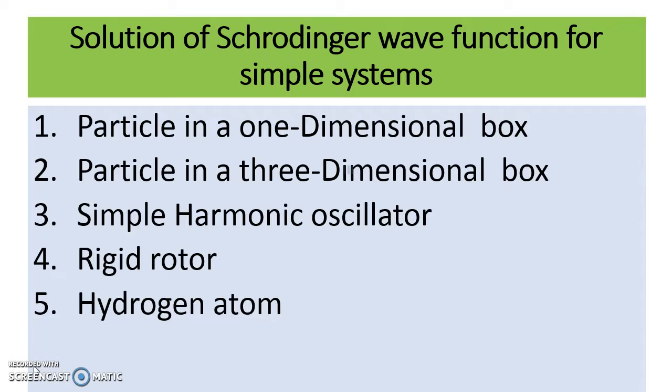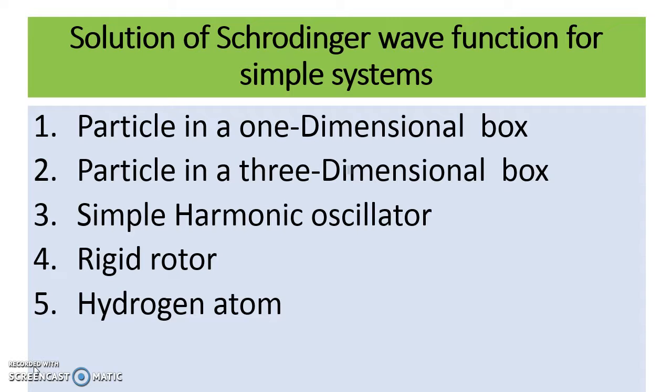If you look at the instances in which we are able to have the complete solution for Schrödinger wave function, it is the cases wherein we are able to restrict the number of electrons to be 1. Hence, some of the simple systems can be particle in a one-dimensional box, particle in a two-dimensional box, and particle in a three-dimensional box.